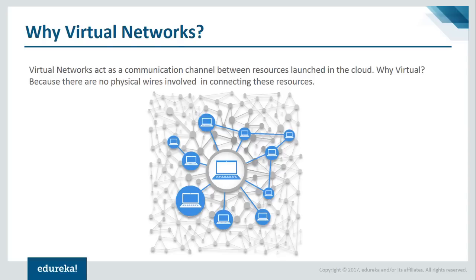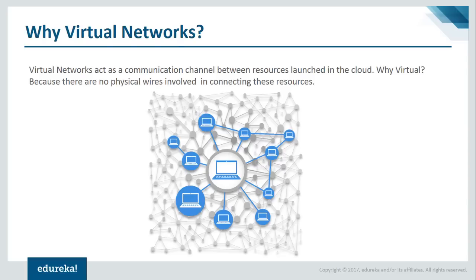But why virtual networks? If you would have noticed, in cloud there are no wires, no switches, no routers. Your virtual machine is connected using a logical connection. These two servers are logically isolated, and that is why we call it virtual. So we understood that for the sake of communication we need a virtual network.